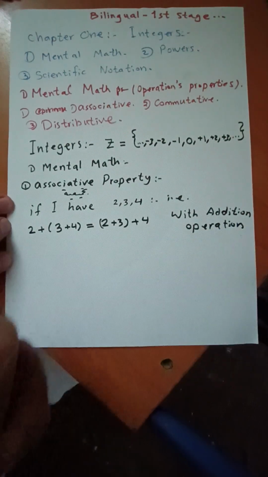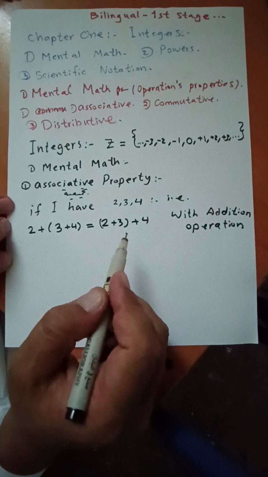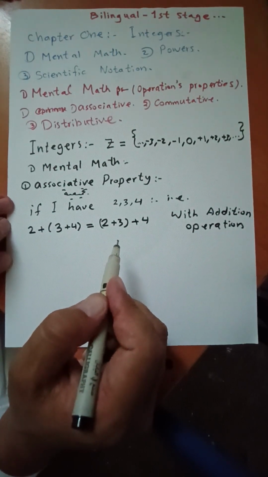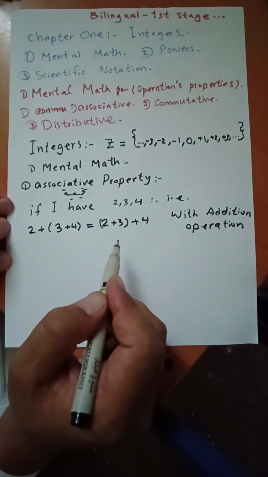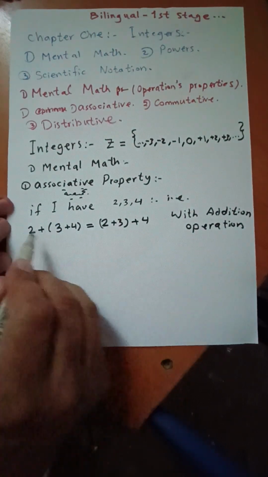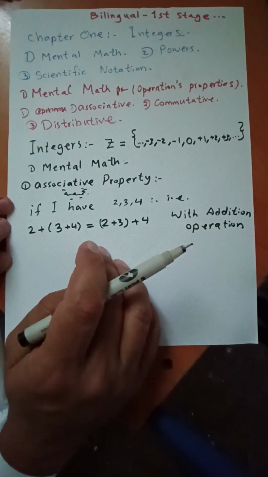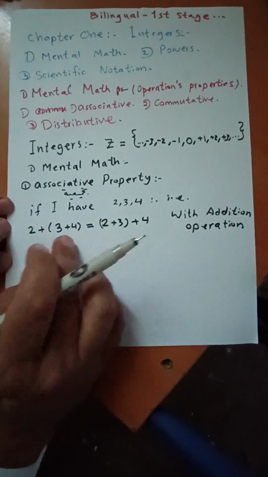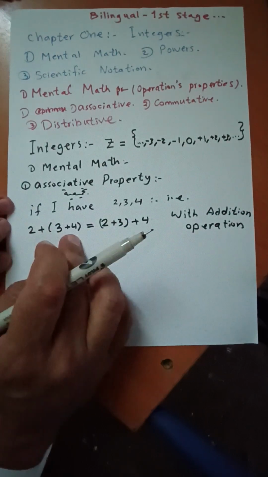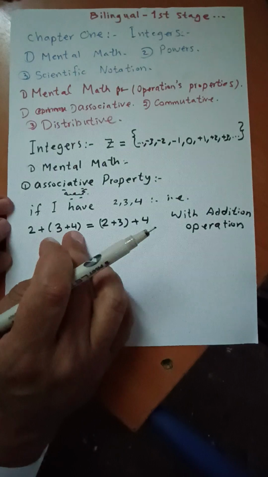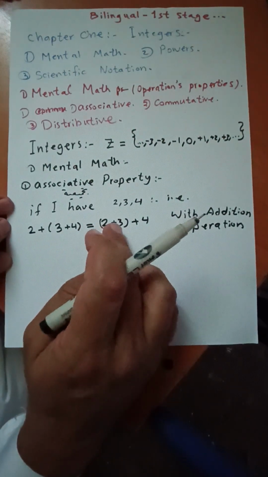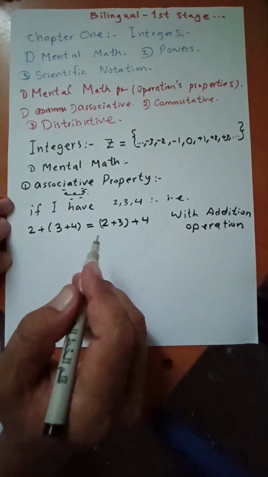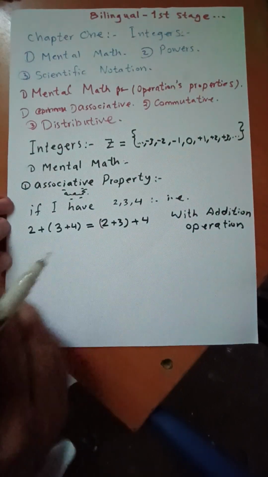Look at this expression: 2 plus, between the brackets, 3 plus 4, equals 2 plus 3 between brackets, and all plus 4. What would I do? I will explain to you here.